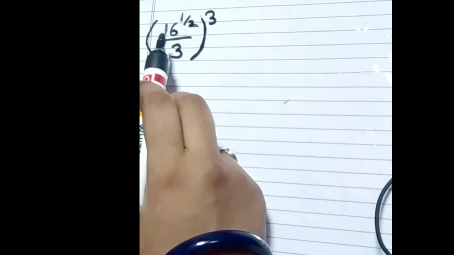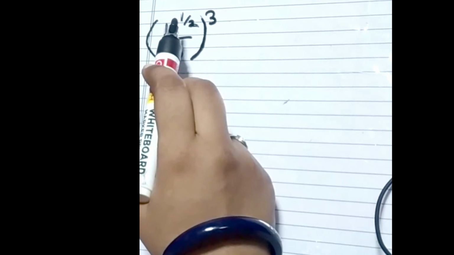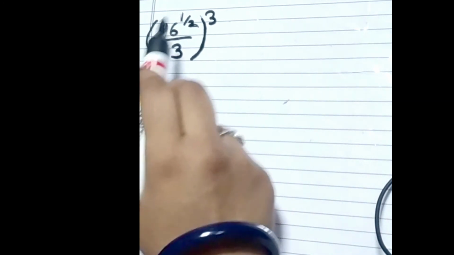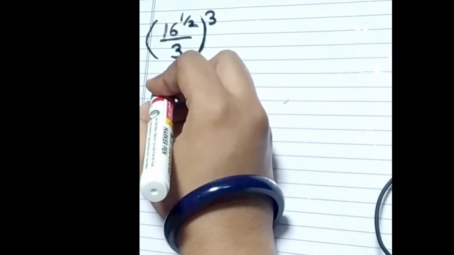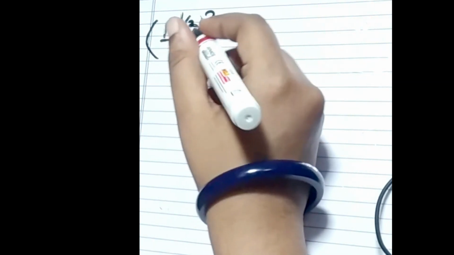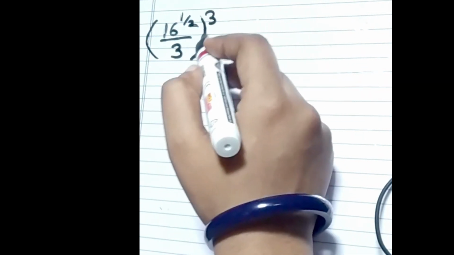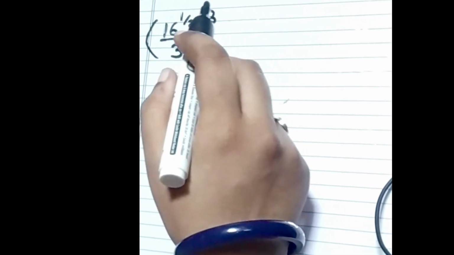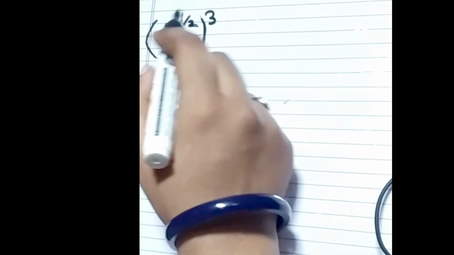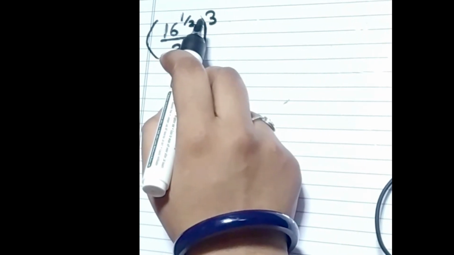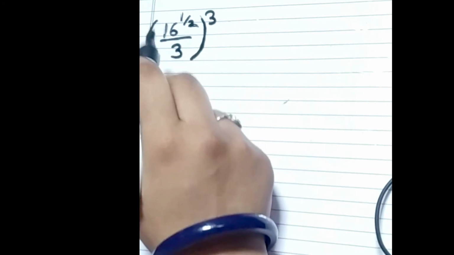So see this example, 16 raised to 1 by 2 upon 3, the whole cube. Okay, so first here see the cube is for both numerator and denominator. So by using the rule, we can take this cube in both numerator and denominator.